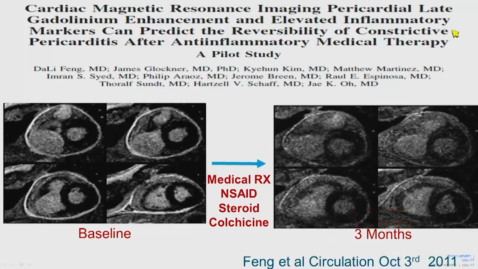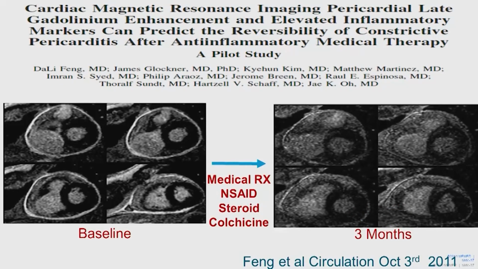We also published this data, not only on effusive constriction, but if someone has constrictive features by echocardiography or clinically, I think you can do most of the diagnosis by echocardiography in clinical practice, with a jugular venous pressure distension and all the features I showed you.